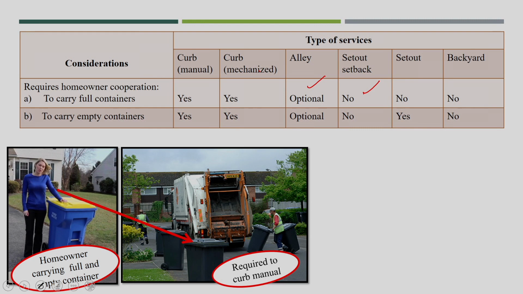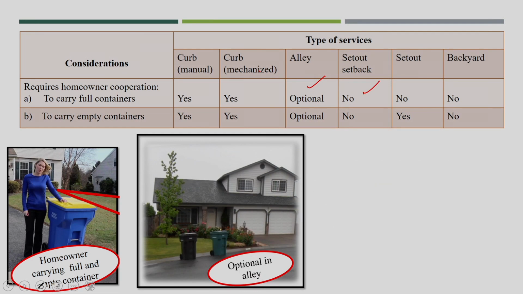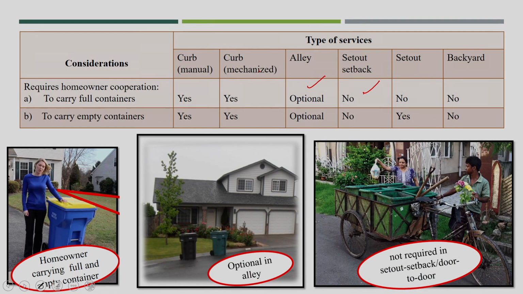Here house owners are carrying full and empty containers, so in the curb manual the house owner cooperation is required. For the mechanical services, mechanical unloading of the waste is optional in the alley, and not required in set out setback service, but at least you are seeing some house owners disposing of the waste.